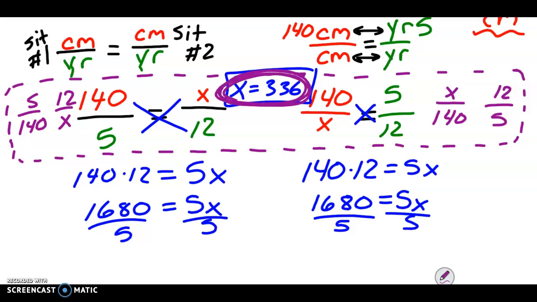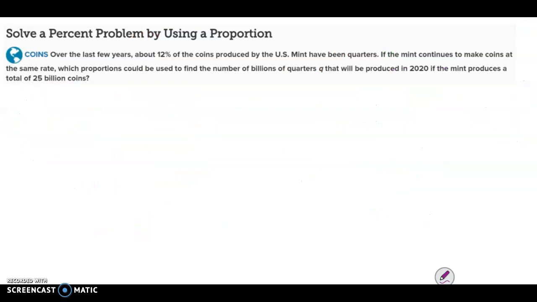Okay, so the last one, let's just set this proportion out. Actually, all they're doing is asking you, let's just set this one up. So when we're talking about percentages, 12% of the coins produced by the US Mint have been quarters. Whenever we're talking percentages, that's going to be 12 out of 100. So 12% of each 100 coins made have been quarters.